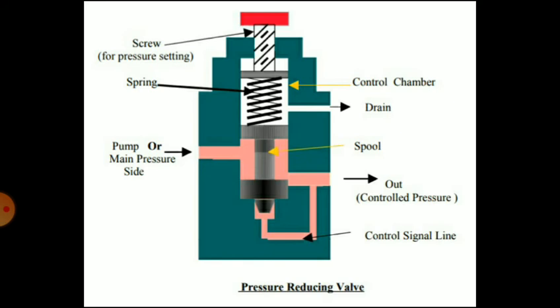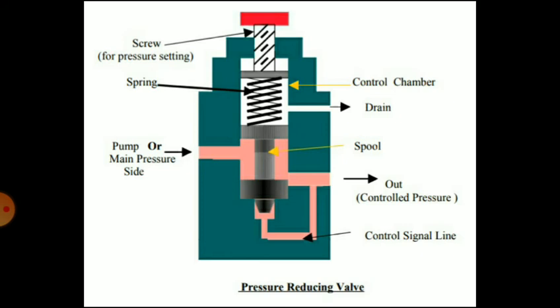The flow of fluid to the second branch continues as long as the set pressure is reached in the second branch. When that pressure is reached, the valve closes the flow to that branch and diverts it to drain.